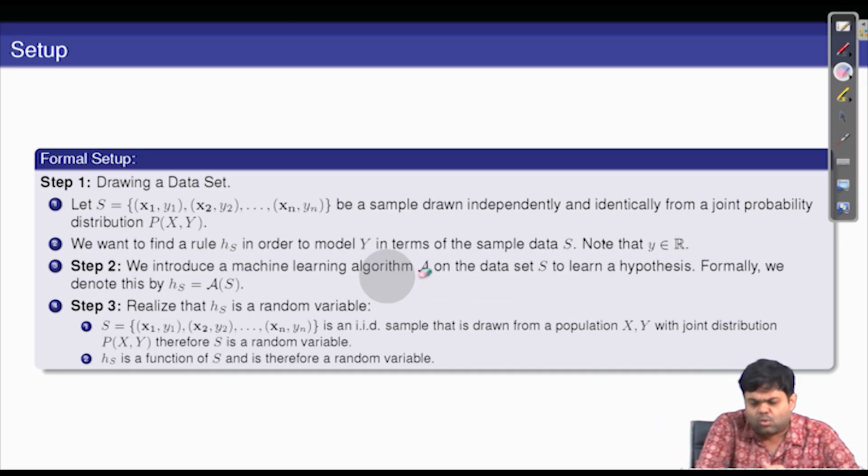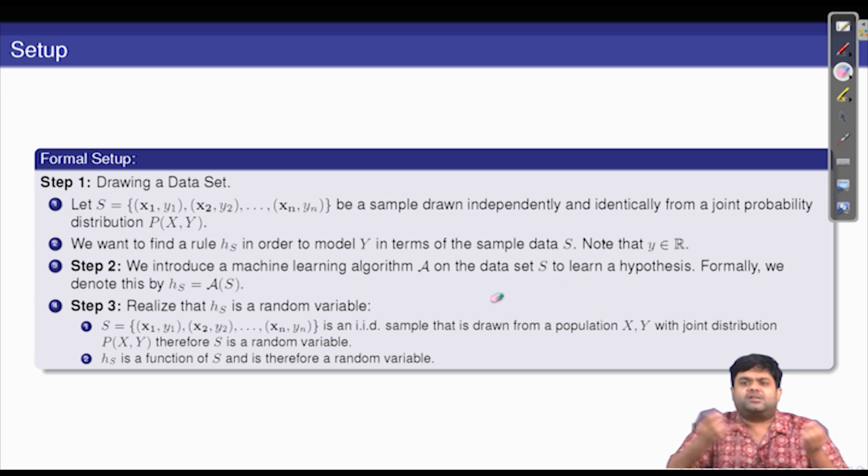This rule potentially can be a simple rule like a line, the least squares best possible line that fits these data points.